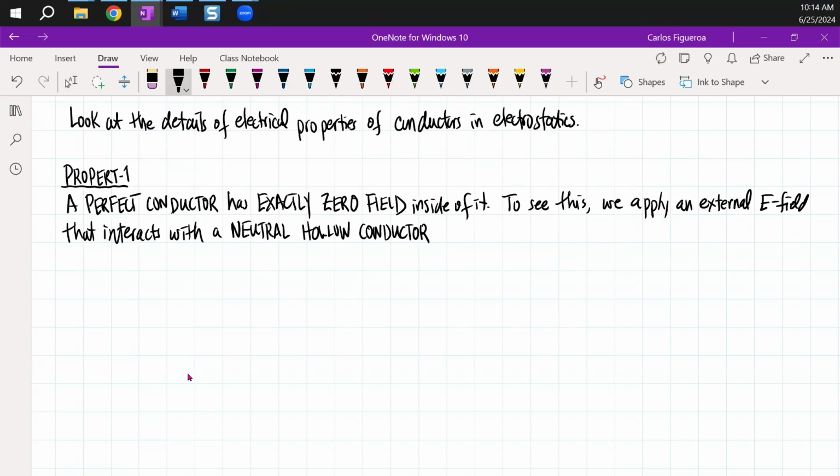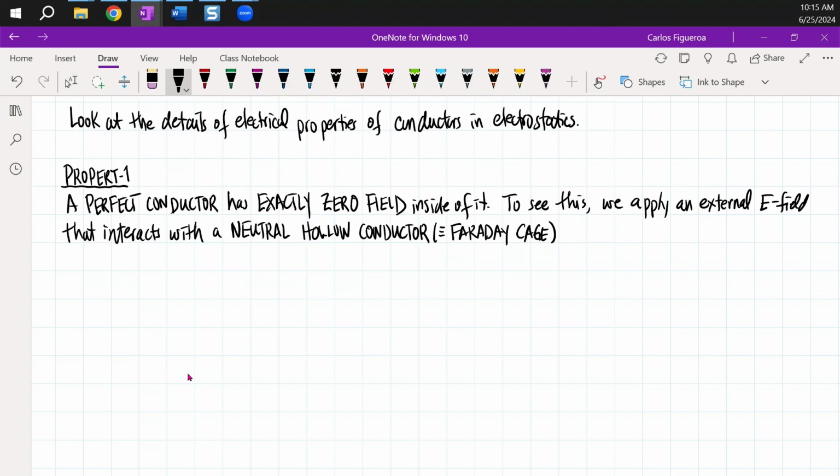Now, a neutral hollow conductor, by definition, is what is called a Faraday cage. But I'm not here to talk about Faraday cages. I'm here to talk about properties of conductors.